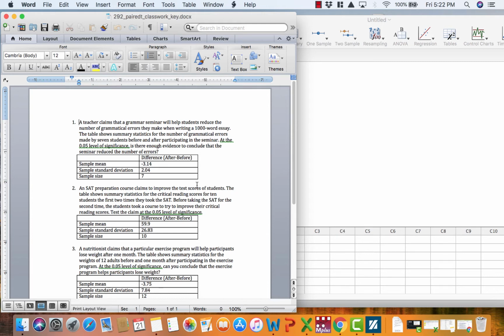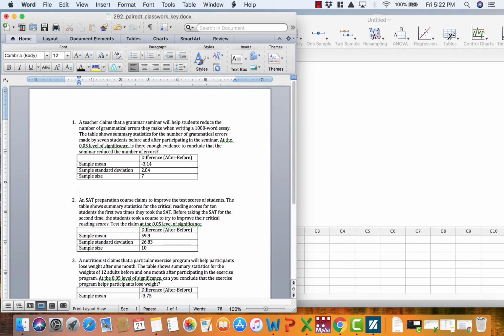All right, let's get started with this first problem. Again, all you need open is the 292 paired t classwork document, as well as a blank Minitab file. That's all we need to do these three problems.